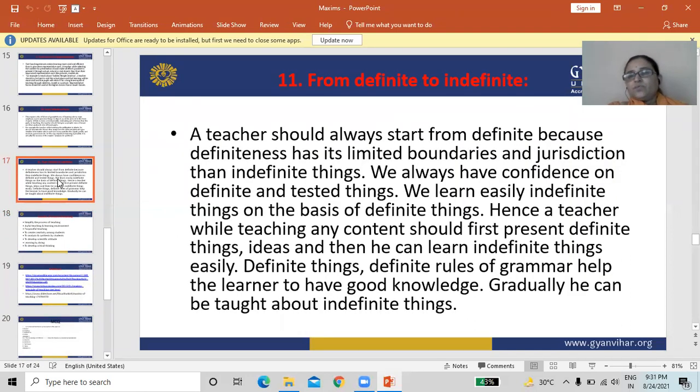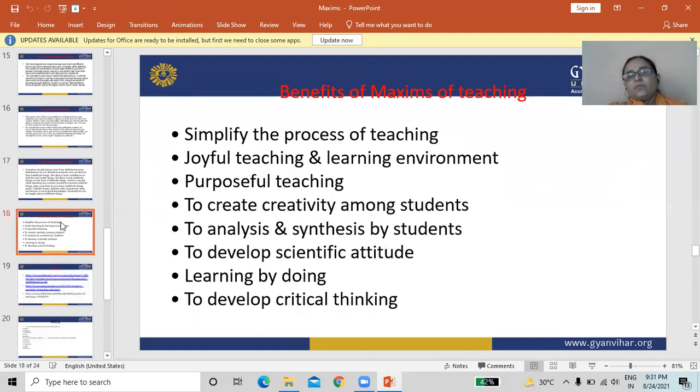So I think you all understand the maxims of teaching. Now we will discuss the benefits of maxims of teaching. Simplify the process of teaching. Next is joyful teaching and learning environment. Purposeful teaching.